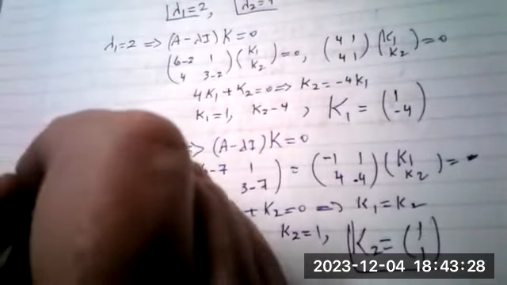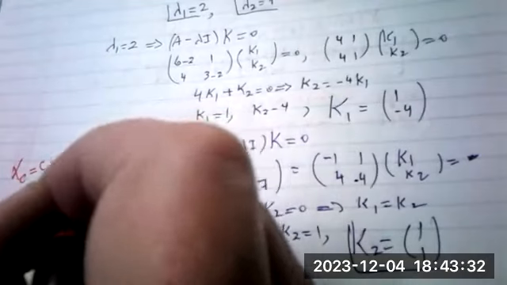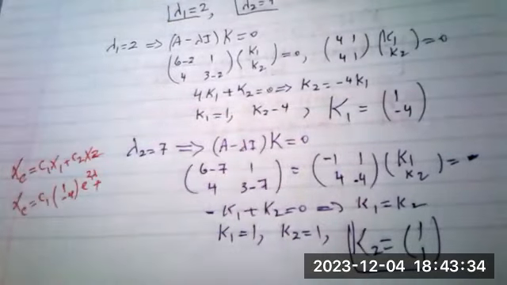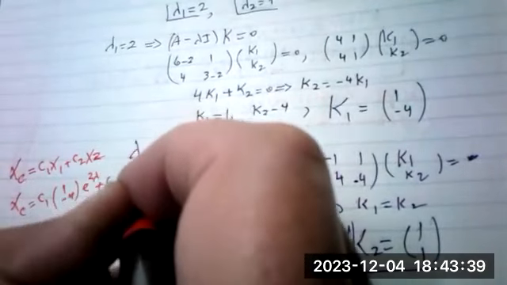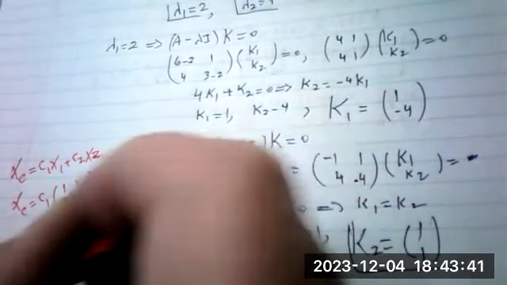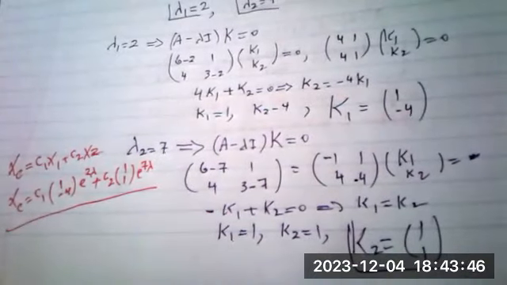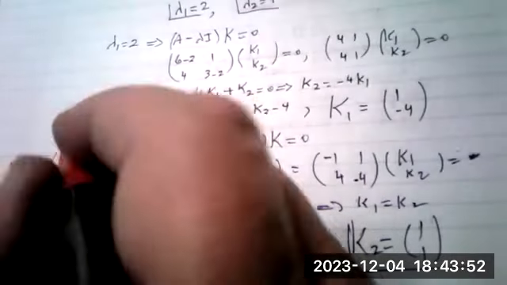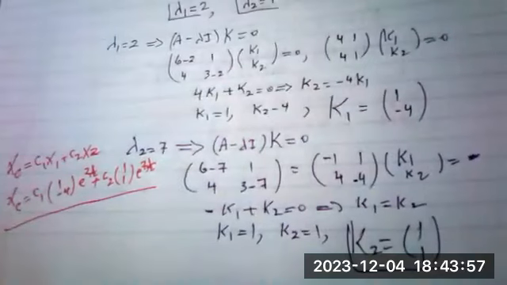What's K1? 1, negative 4, times e to the 2 lambda, plus the second vector, 1, 1. So C2, 1, 1, e to the 7 lambda. So this is going to be the homogeneous solution. Isn't it e to the lambda T? It's 2T. Yeah, thank you. It's 2T and 7T. Thank you. So this is going to be the homogeneous one.